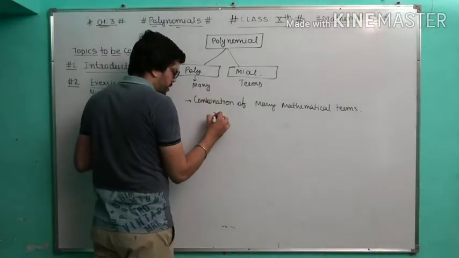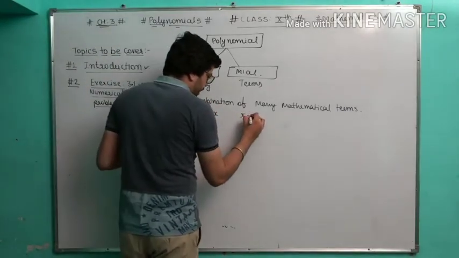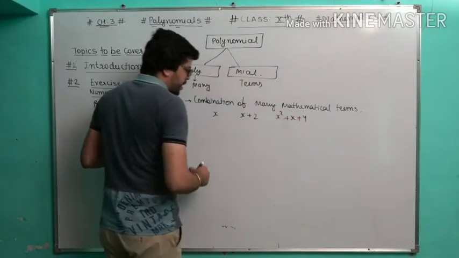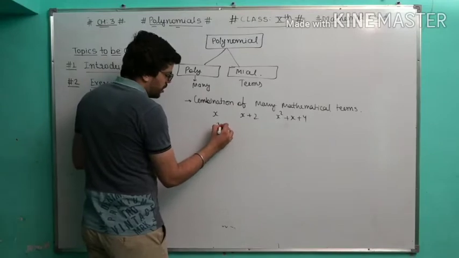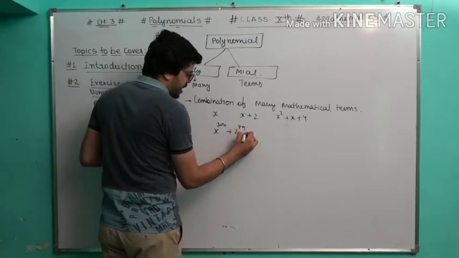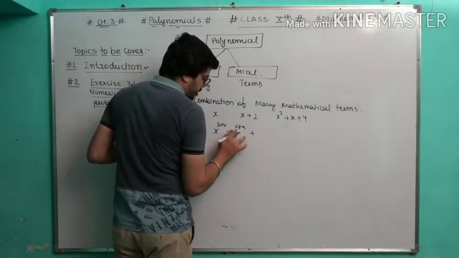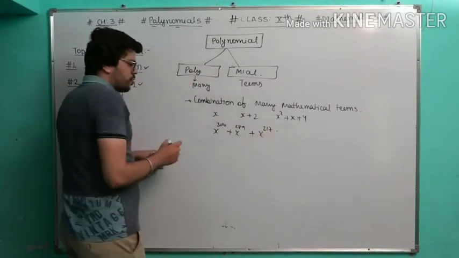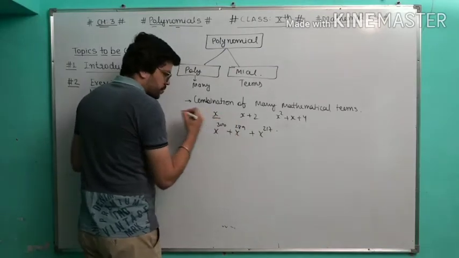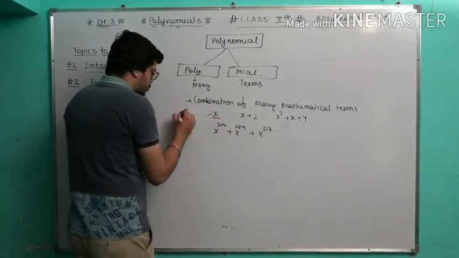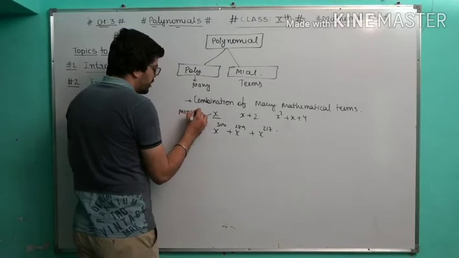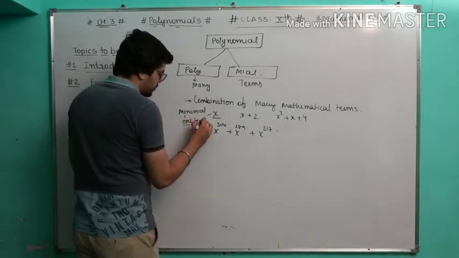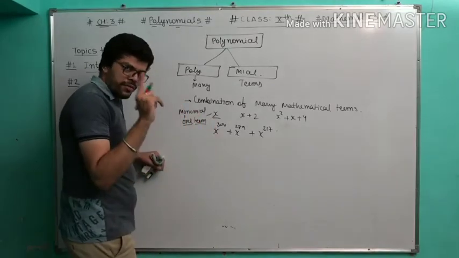Suppose I talk about x, another is x plus 2, another is x square plus x plus 4, another is x to the power 300, x to the power 289, and x to the power 217. So how many terms here? One term. It is called a monomial. Mono means one term.